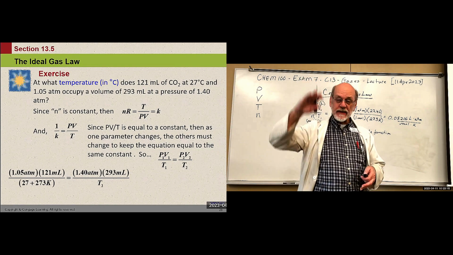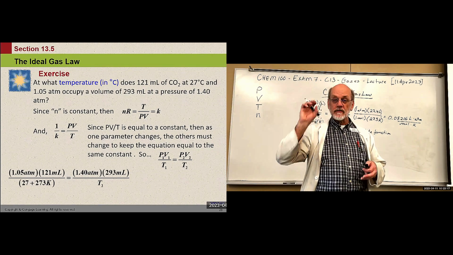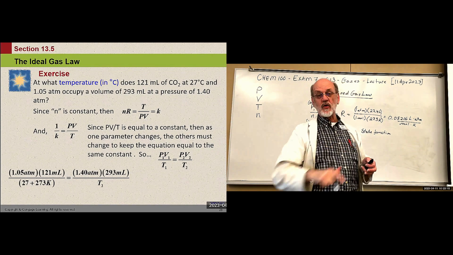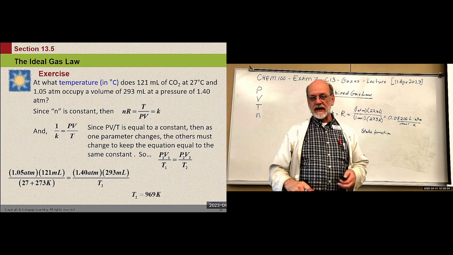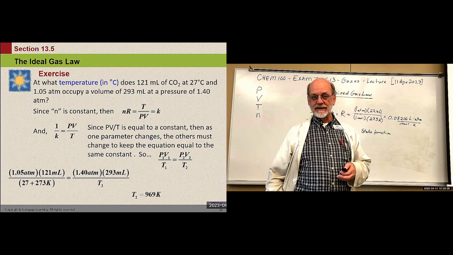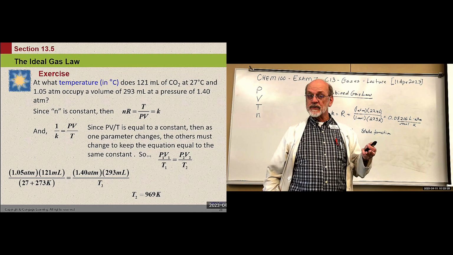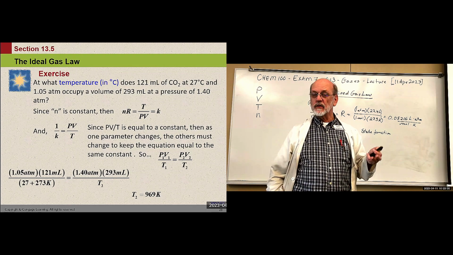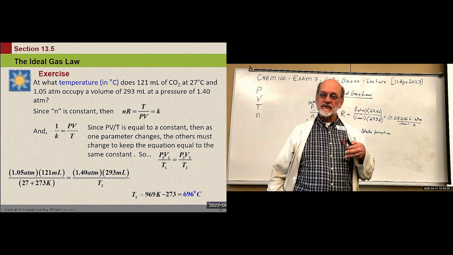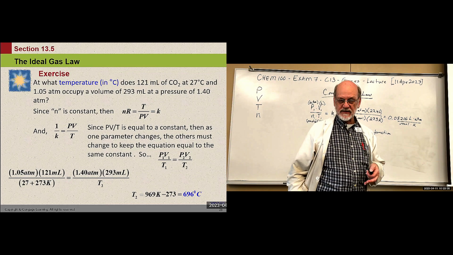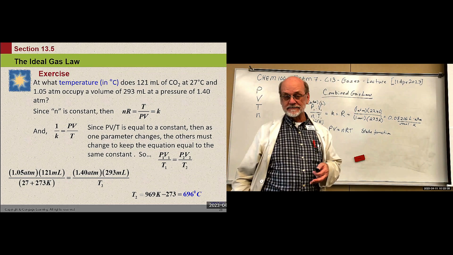I would set up a table and put in the values for each of those before I tried to stick them in the equation. Then we solve for T2 at 969 K. Now, it wants the temperature in degrees C, so we need to subtract 273. Now we know the temperature is 696 degrees Celsius, which is really high.